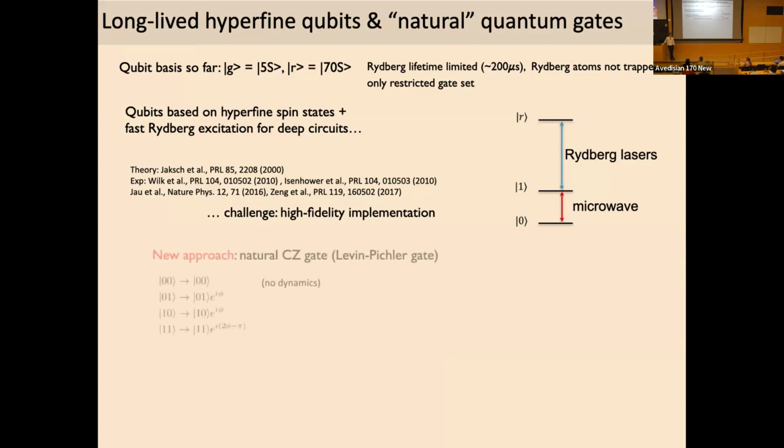This new idea is by now sometimes called a Levine-Pichler gate, and the idea is the following. If you want to do a quantum gate operation, you would like to use this Rydberg excitation to implement the conditional phase described here.